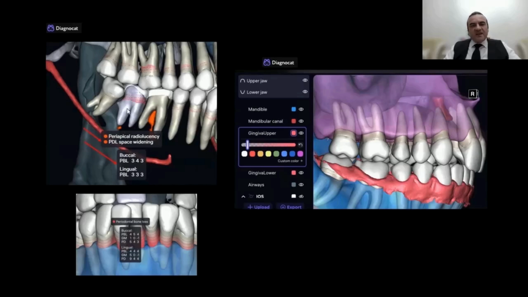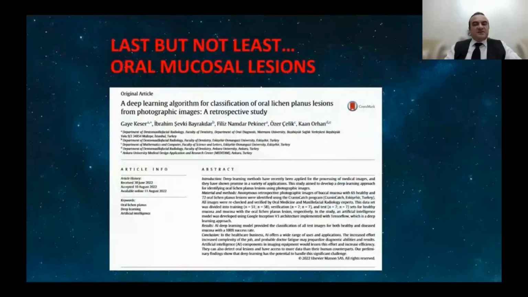So overall in 3D imaging, we can extract the bone, the teeth, and the gingiva, and also do periodontal bone loss measurements simultaneously and automatically.